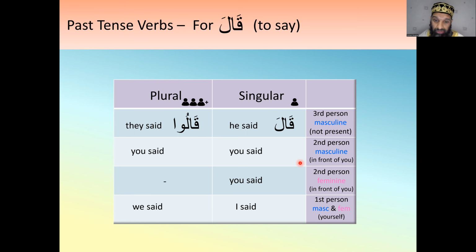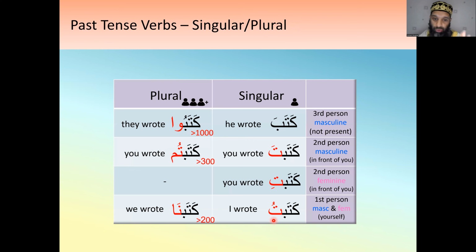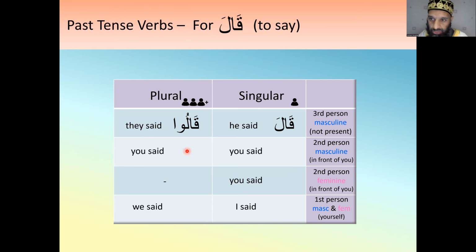So for this verb, over here, it's going to be qulta. Okay, the ta remains. You can't change the endings because the endings still count from the previous table here. These red endings, they count. You can't change them because you're just putting that weak verb in this same table, but you're not going to be able to say the starting part easily. You have to make some adjustment, okay? And each weak verb has its own adjustment. So we're going to just do qala and kana because they come in the Quran a lot, right? So the answer is qulta.